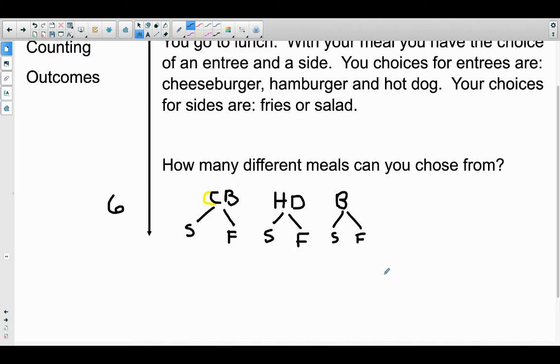So there's this thing called the counting principle, and it says I can take my different choices I have. So my first one is my entree. That's my E. I'm going to put an E for entree. And then I have my sides.